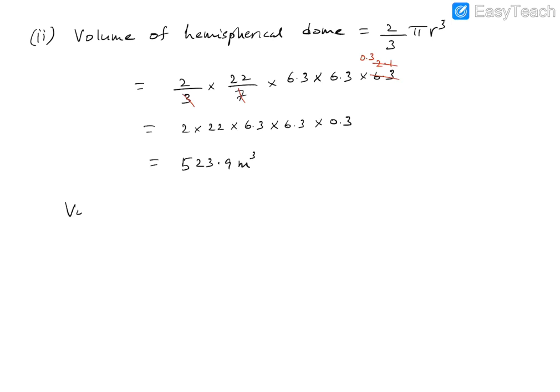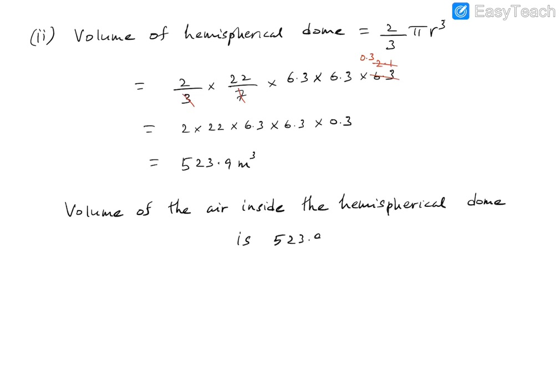So therefore we will write volume of the air inside the hemispherical dome is 523.9 meter cube. Okay, so we have now obtained the volume of the hemispherical dome as well.